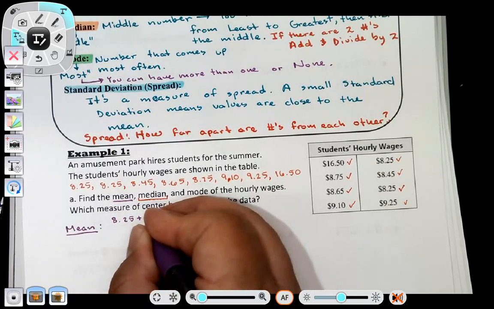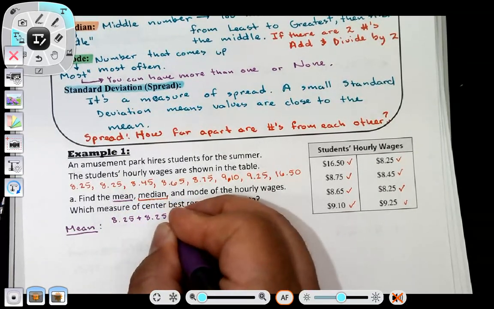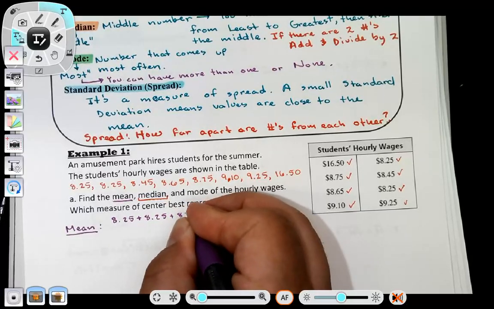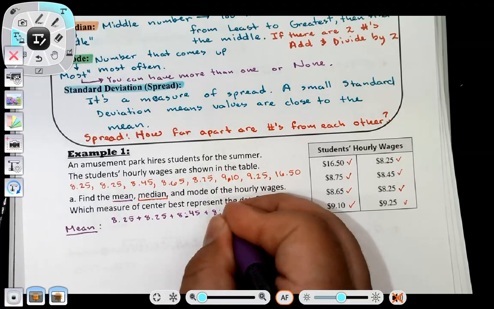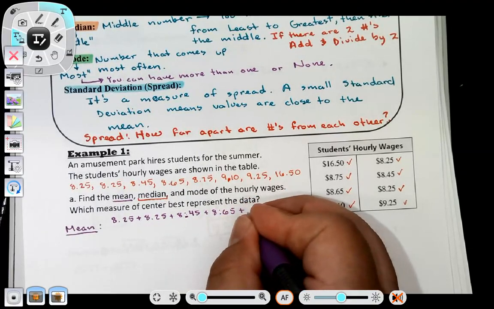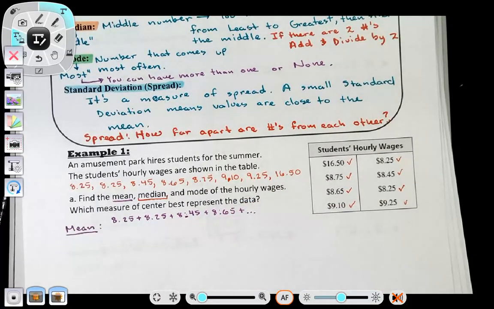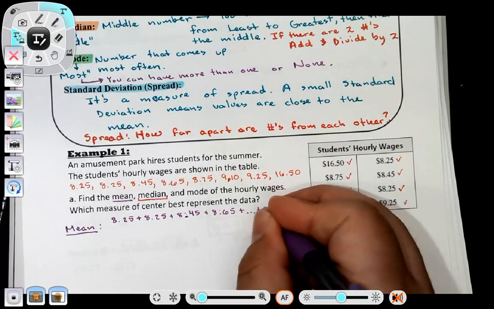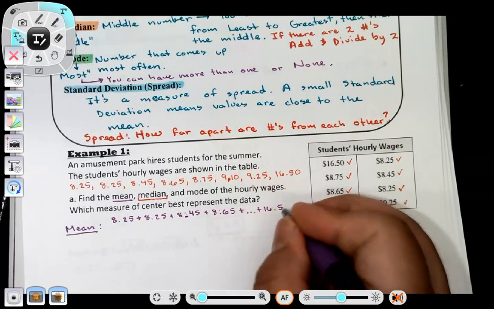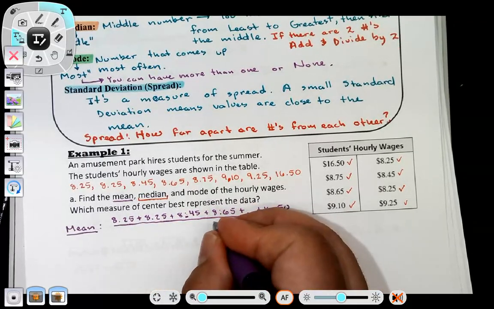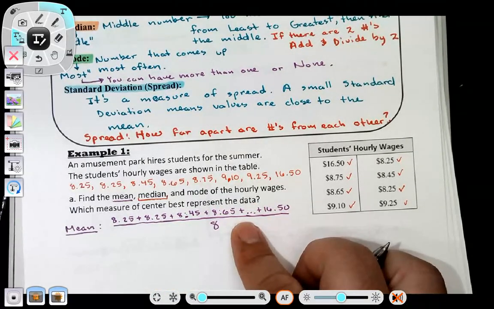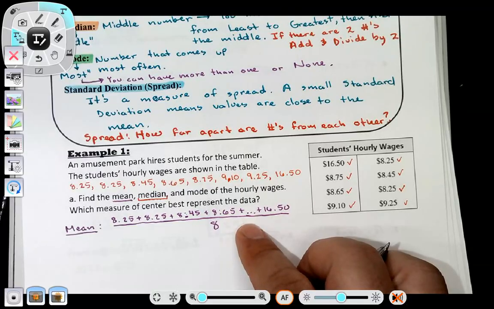8.25 plus 8.25 plus 8.45 plus 8.65. And we're going to run out of space. So I'm just going to say dot, dot, dot, because you'll do it with the calculator, all the way till we get to 16.50. And then I'm going to divide all of them by 8. So remember, just because I didn't write them all doesn't mean you're not going to type them into your calculator.